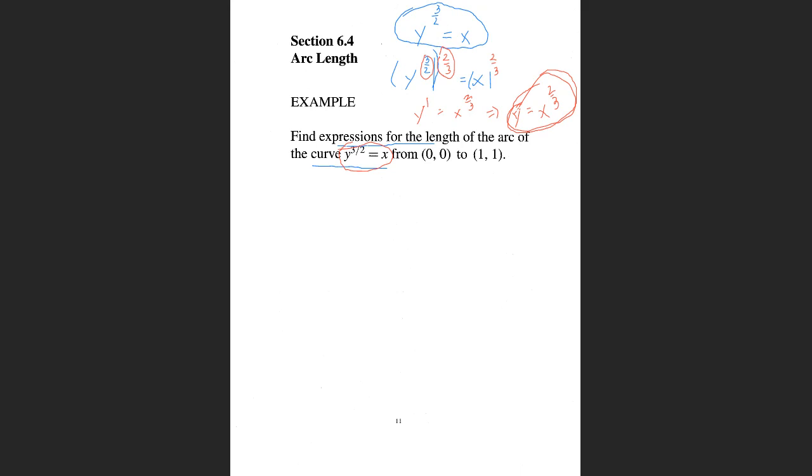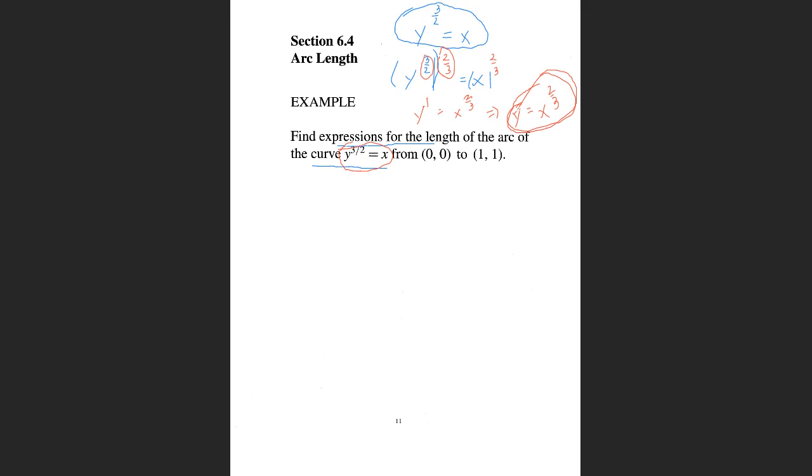It's an arc in the xy plane. So it is an arc, and it has to have a length, but where's the t? Where's the parameter? Well, what we have to do is come up with a parameterization for this curve, and it's not that hard.